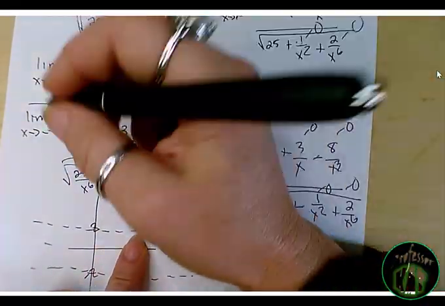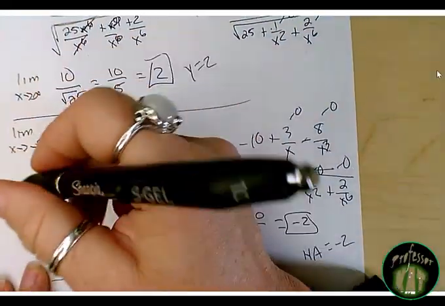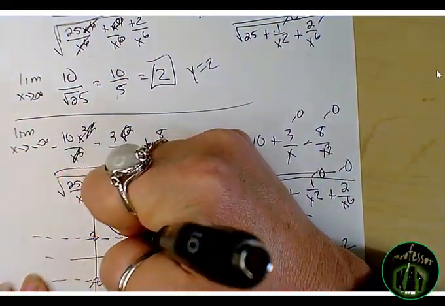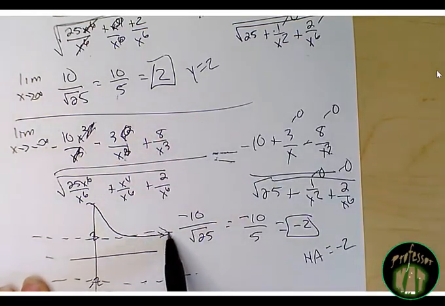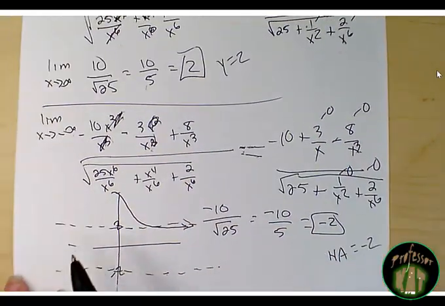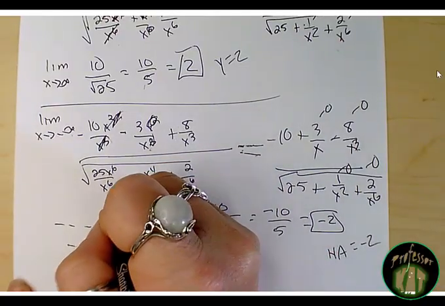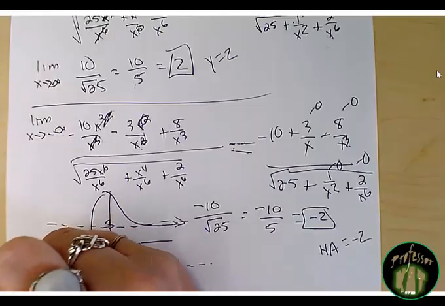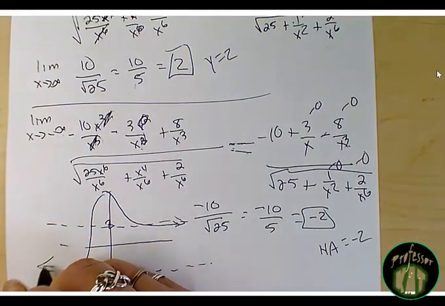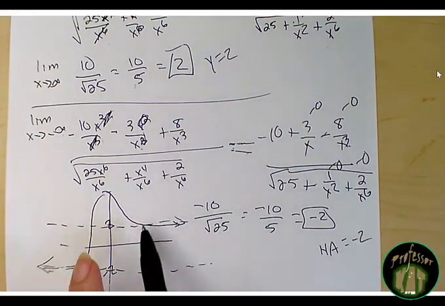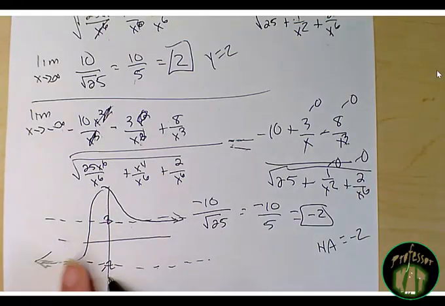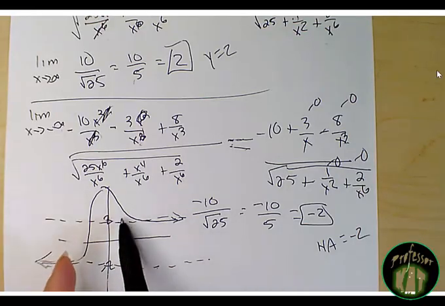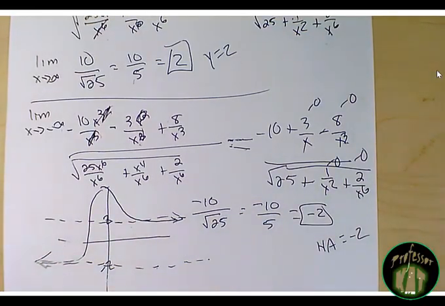Not making an exact graph here, but if you look this graph up, it's going to do something like this, where it's going to approach that 2. On the left-hand side, we know it's approaching negative 2, so our graph is actually going to dip, and it's going to approach that negative 2 just like that. So our end behavior, it's going to shoot off to the left and on the right-hand side, and they're just going to keep following those lines just like that.